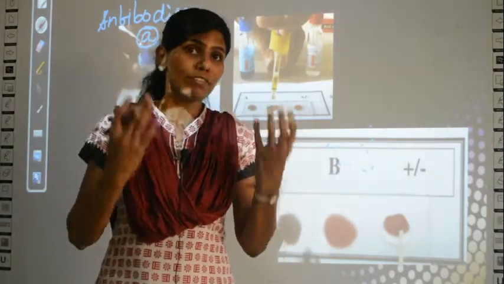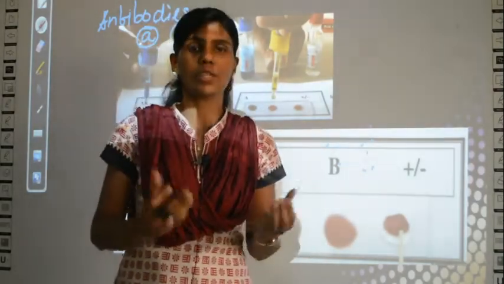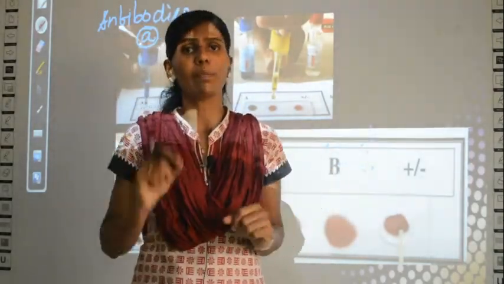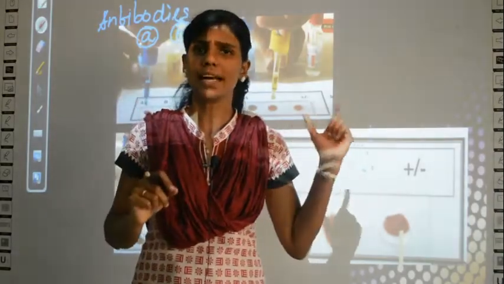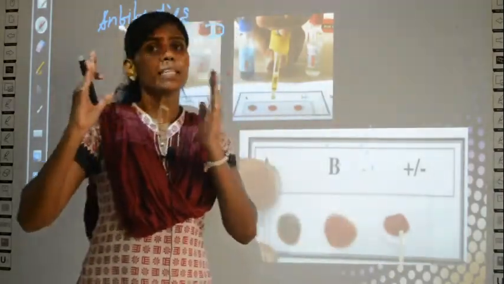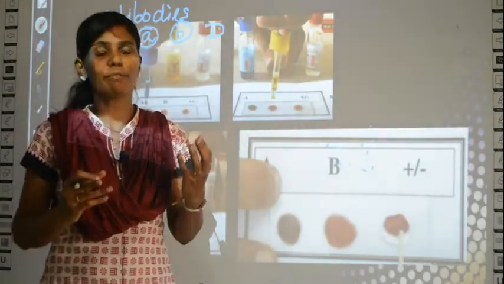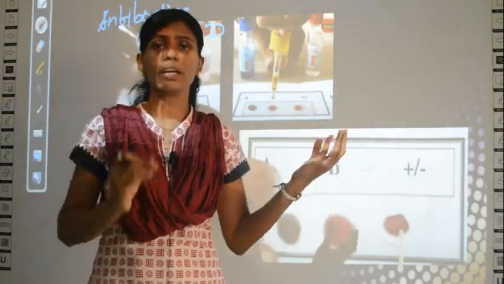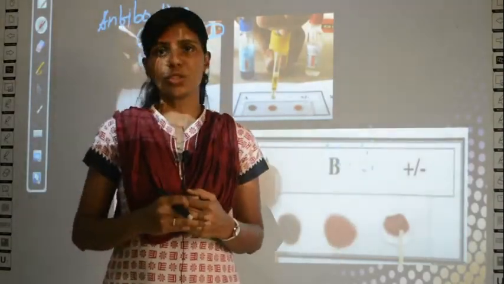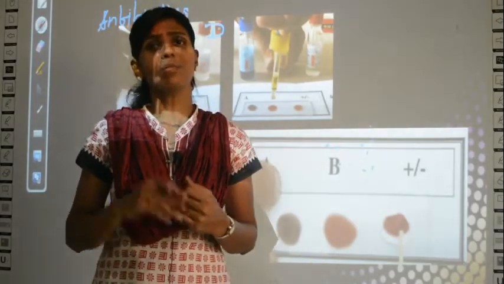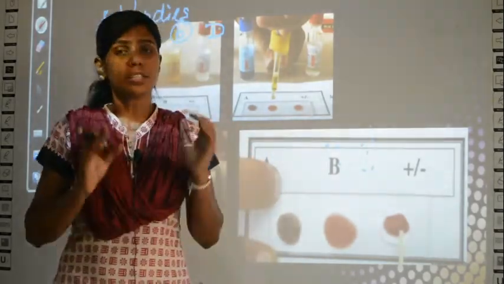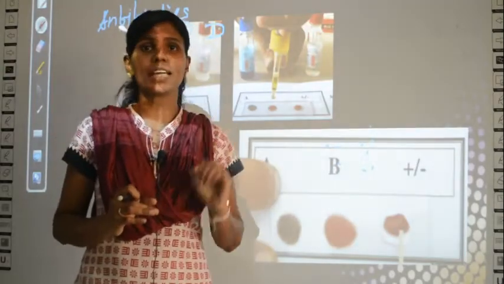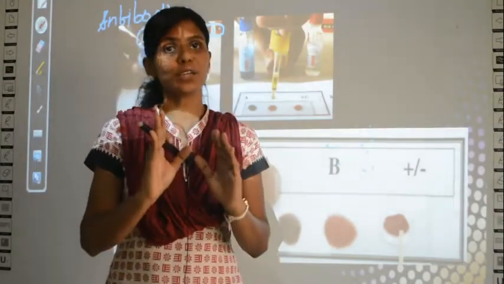If a person has D antigen, then the blood group report will be positive. What is this D actually? It is the rhesus monkey antigen. This type of monkey used to have this antigen, and from that monkey we got the name rhesus. So certain people have that monkey's antigen, and if they have it, the blood group is positive.